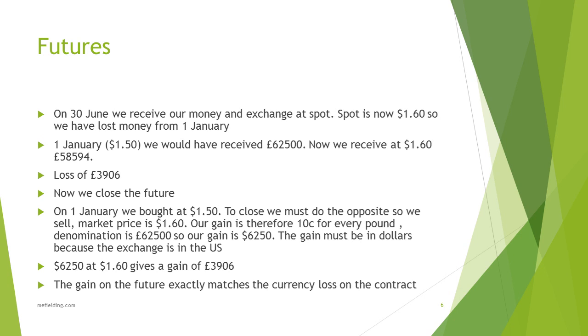The second thing that you do is you close out, or what's called squaring off, your future. We purchased one future, in fact I think we said it was September, so we purchased one September future. What we will then do is go into the market and do the opposite. So we will sell one September future.